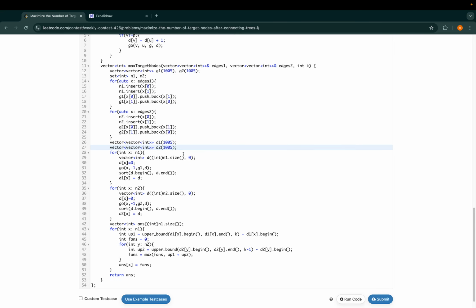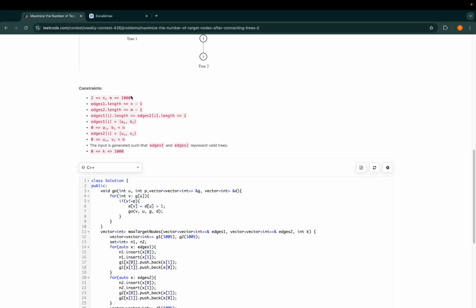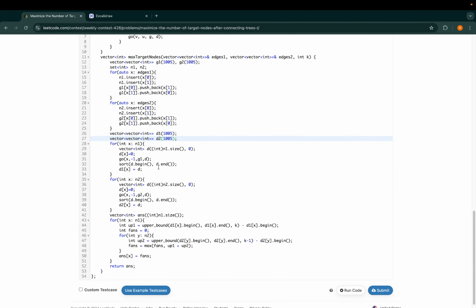So this basically says what the distances are if my tree is rooted at, let's say, node 3, 4, 5, 6 up till 1000, because the constraints go up to 1000. So that's what I do here. I iterate over all the nodes in the graph. By the way, this set is n1. So n1 is the set of nodes in tree 1, n2 is the set of nodes in tree 2.